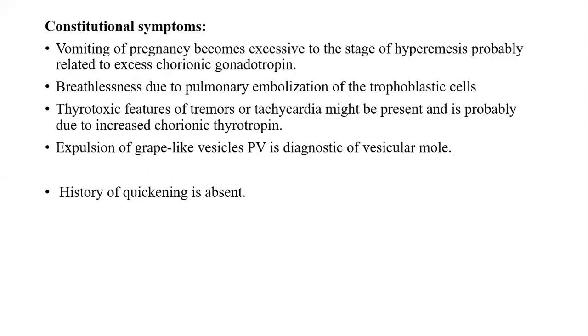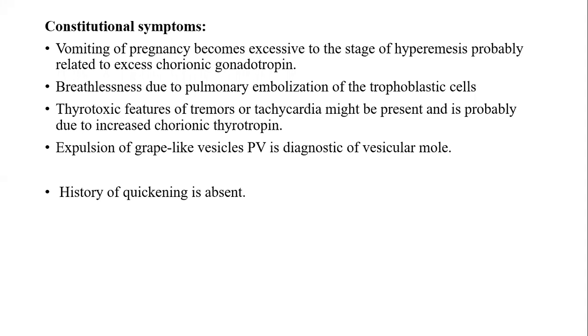For the constitutional symptoms, the patient may also present with vomiting of pregnancy, which might become excessive to the stage of hyperemesis, and this is usually associated with excessive chorionic gonadotropin. The patient may also present with breathlessness due to embolization of the trophoblastic cells.